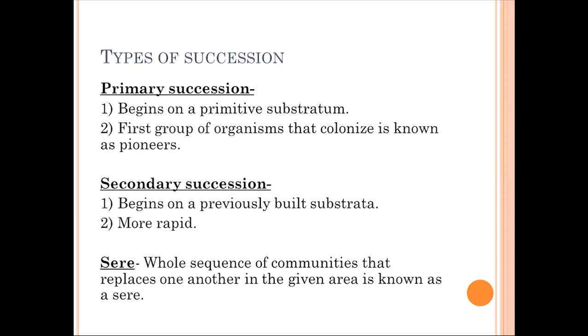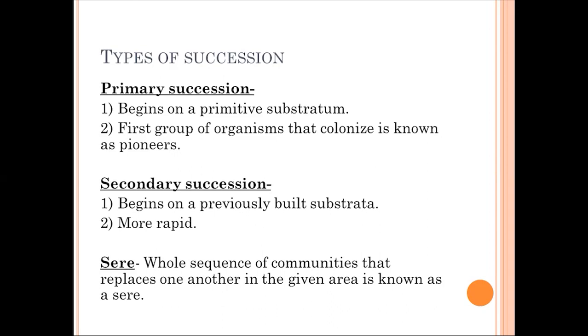So, a substratum which is devoid of any living matter is known as primitive substratum. So, primary succession begins on such type of substratum. The group of organisms that colonize such substratum are known as pioneers. First group of organisms that colonize this substratum, they are known as pioneers.